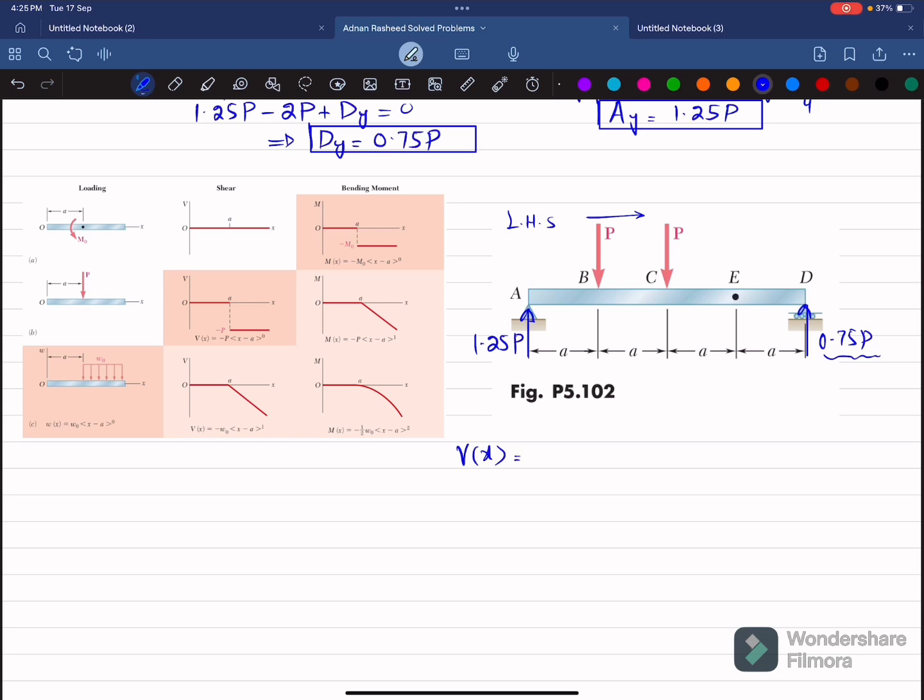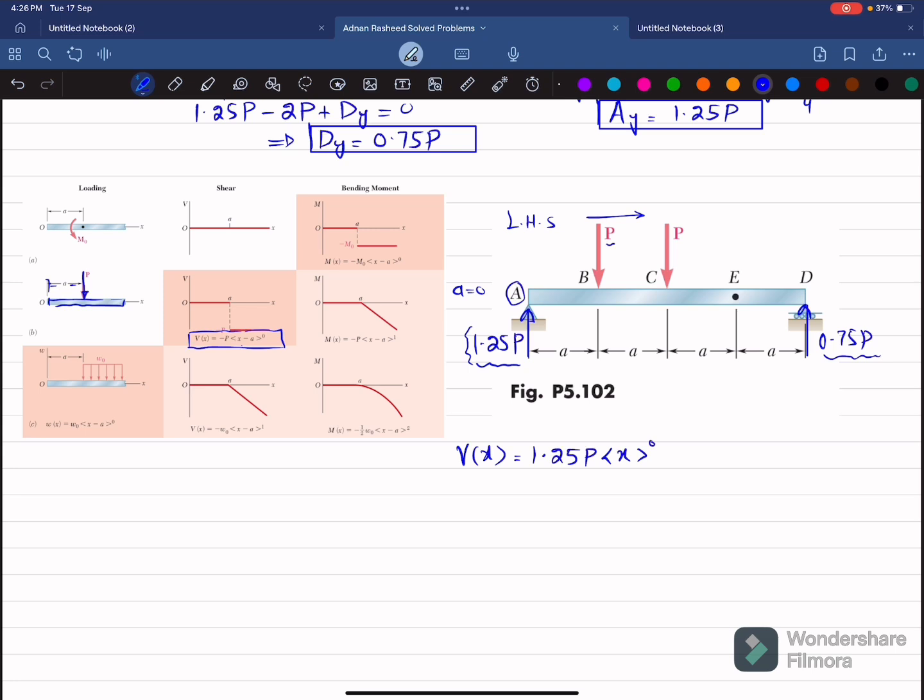So V of x. Starting from first, 1.25 P. You can see this is the load shown on the beam, and it starts at a distance of a. So its shear force term is this one, minus P. Here the load is upward, so it will be taken as positive: 1.25 P into x minus a. Here this is starting at the starting point, so a is equal to 0, so I will write x power 0.